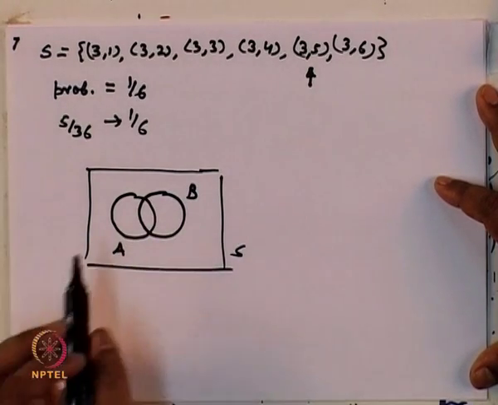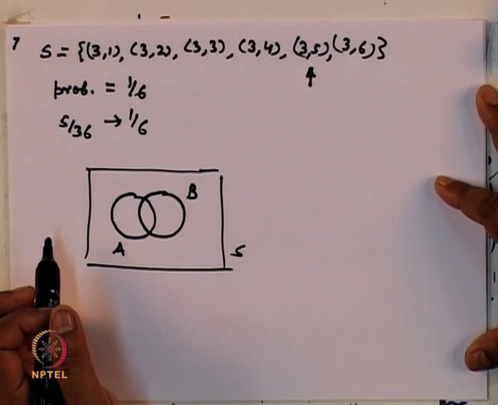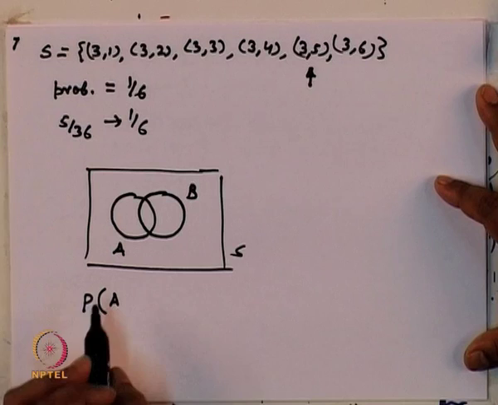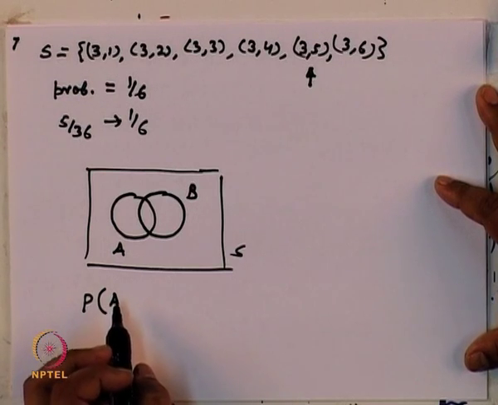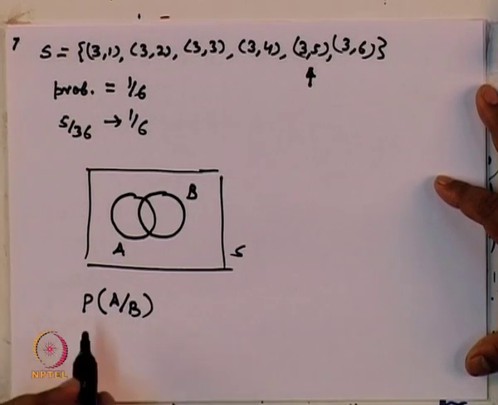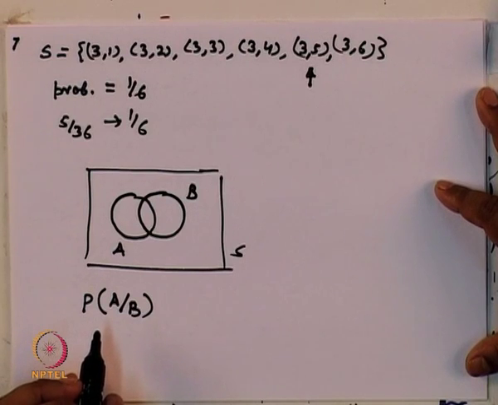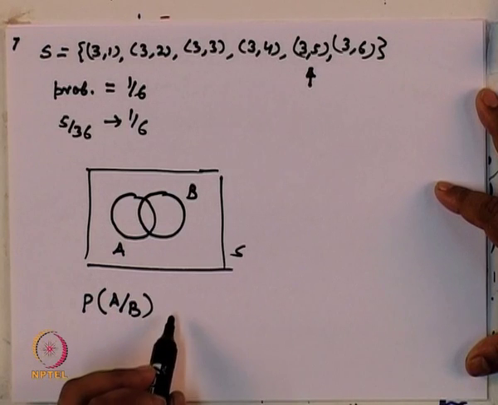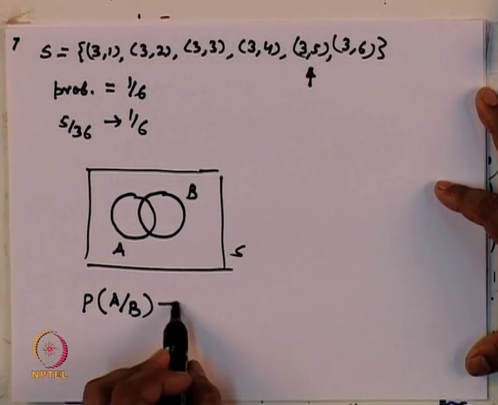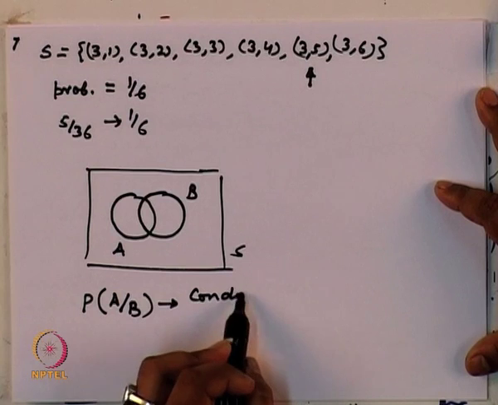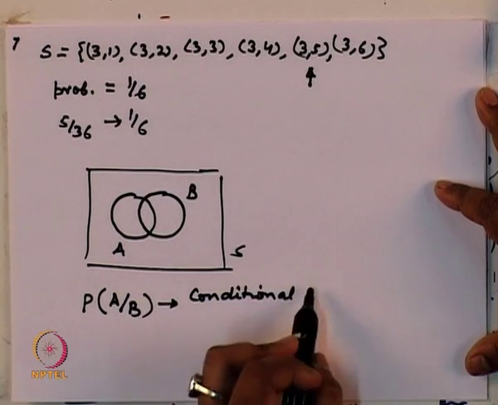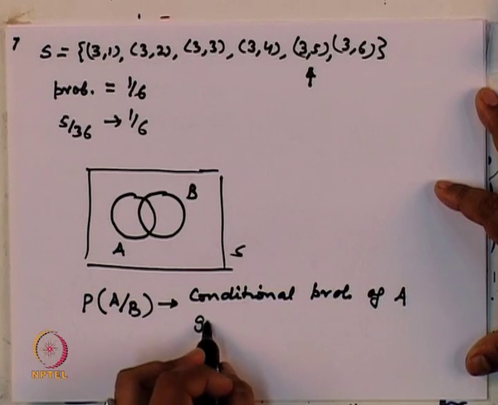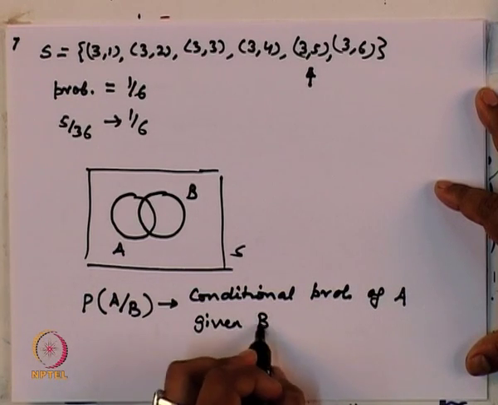So, there is some overlap between A and B, and the conditional probability of A given B has occurred is represented by P of A given B. Okay. So, probability of A given B is the conditional probability of A given that B has occurred.